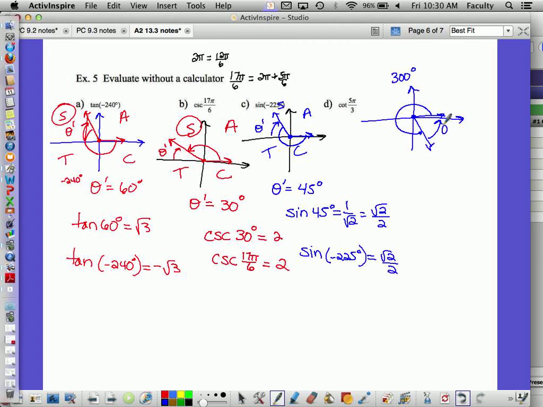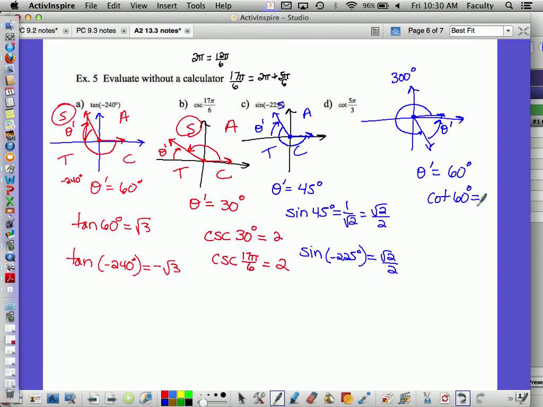And here's the reference angle, from the terminal side of the angle to the x-axis. So what is theta prime? 60 degrees. Now I'm going to do cotangent of the reference angle, because I know how to do that. I'm going to go to my 30-60 right triangle, and I'm going from 60 degrees.